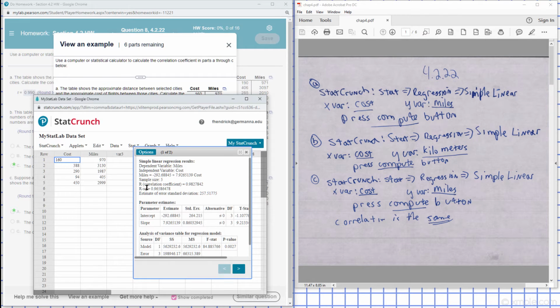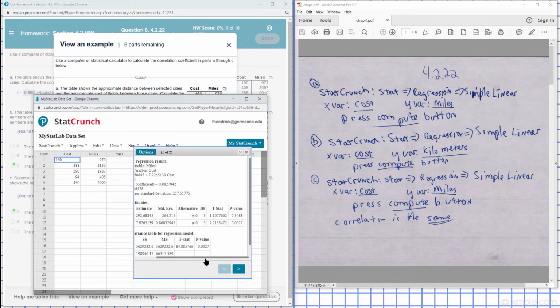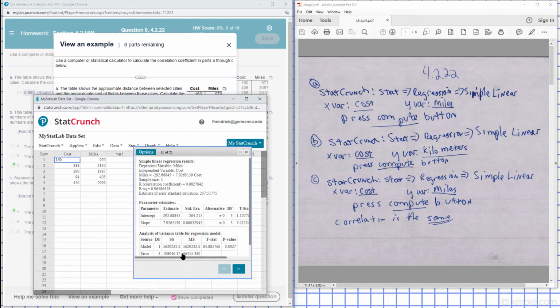The size of the sample, the correlation coefficient, and the coefficient of determination, R squared. We have the estimate of the error standard deviation there. So you can see the intercept and the slope, and the standard error of the estimates there.